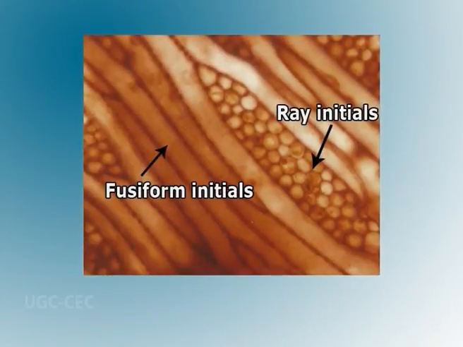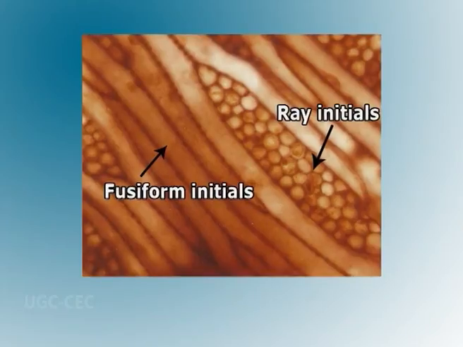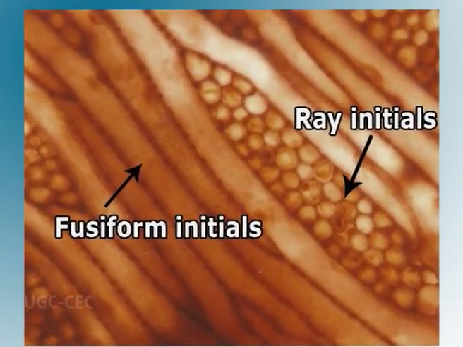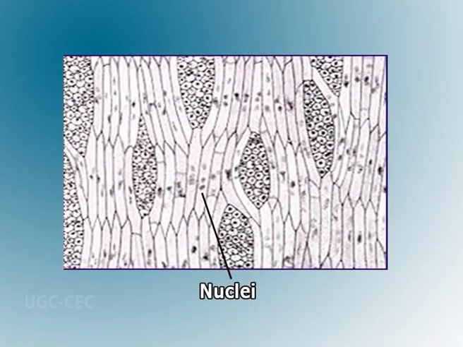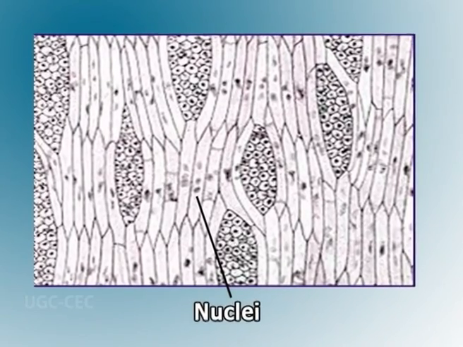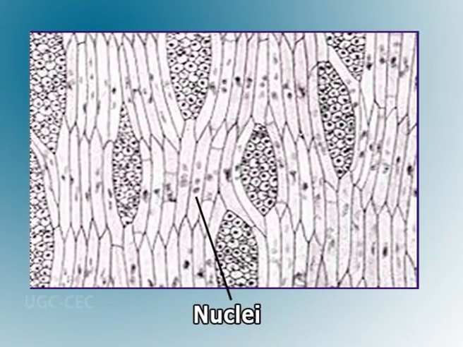The initials differ from each other mostly in length and volume, the fusiform initials being much larger than ray initials. The initials are uninucleate irrespective of their size, but recently a few reports have shown the occurrence of more than one nucleus per cell of the cambium.